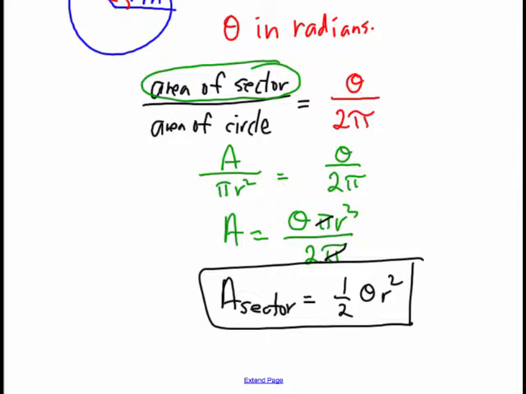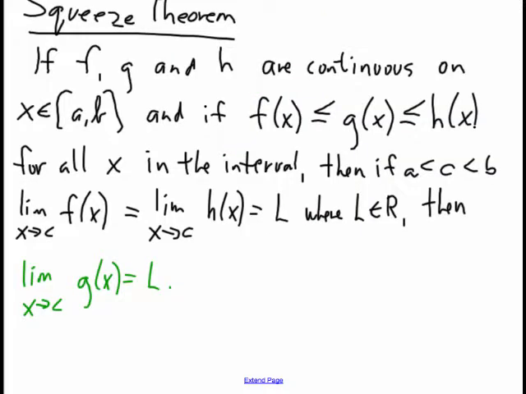We need one more result, and that result is called the Squeeze Theorem. Alright, so the Squeeze Theorem says, and as I read it, I'm going to draw it. We have three functions f, g, and h, which are continuous on the closed interval AB.